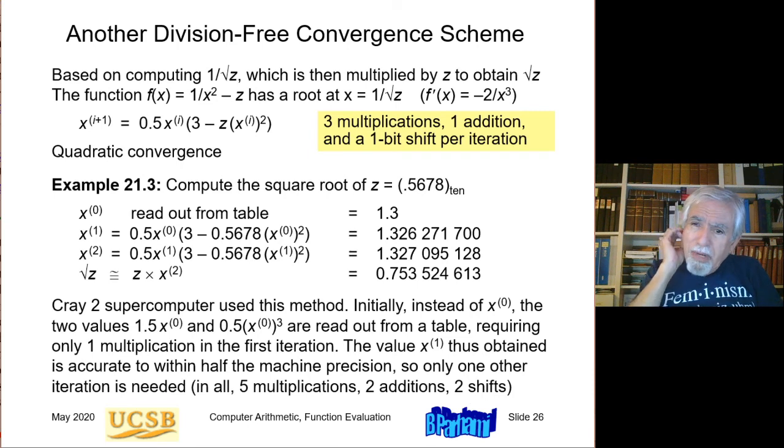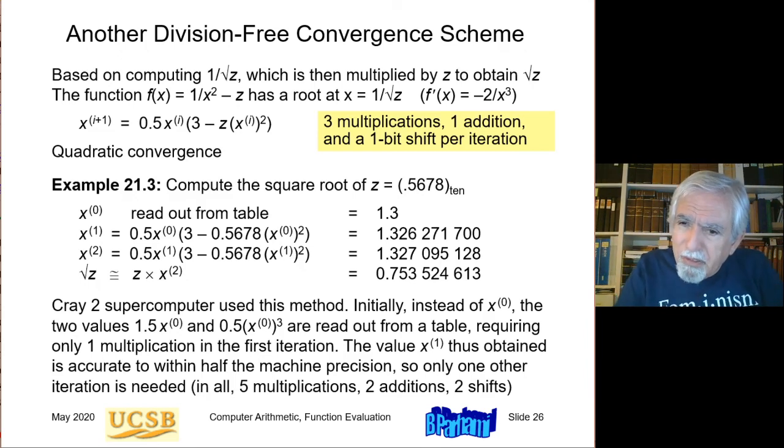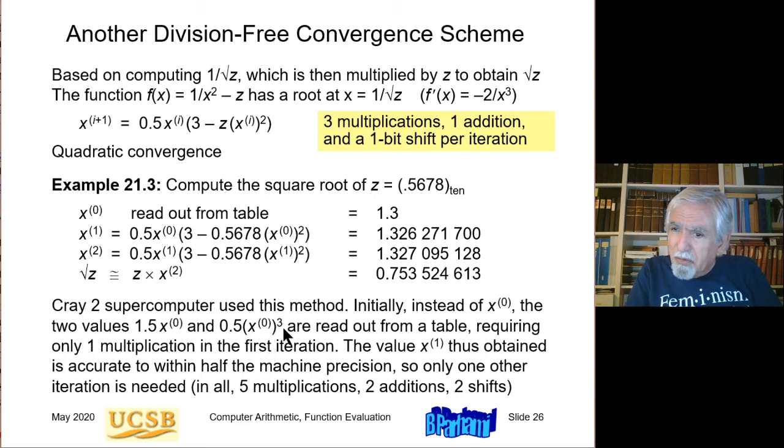A Cray 2 supercomputer implemented this method, basically popularized this method, and also had an ingenious way of reducing the number of iterations. Initially, instead of x0, the two values 1.5 x0 and 0.5 x0 cube are read out from a table.